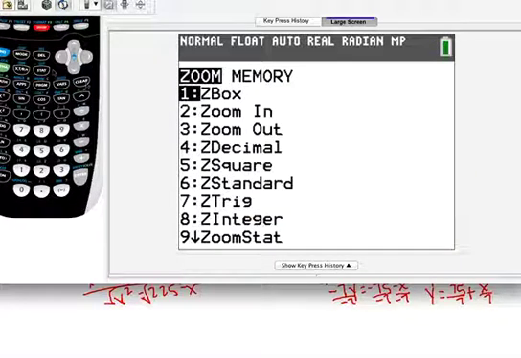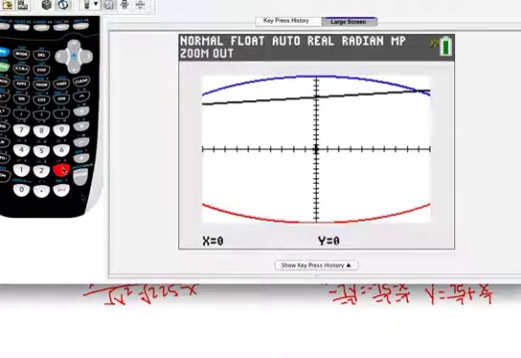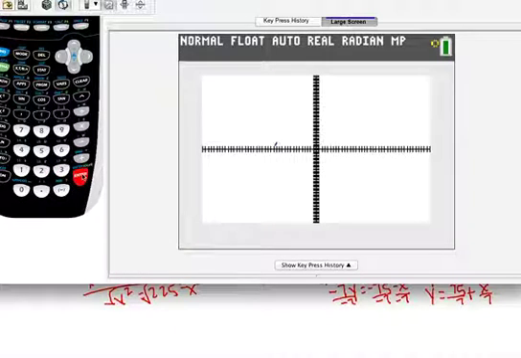So now you probably want to do zoom out, so you do 3 and then hit enter, and you can get kind of an even better picture. So you can definitely tell that it crosses 2 times.